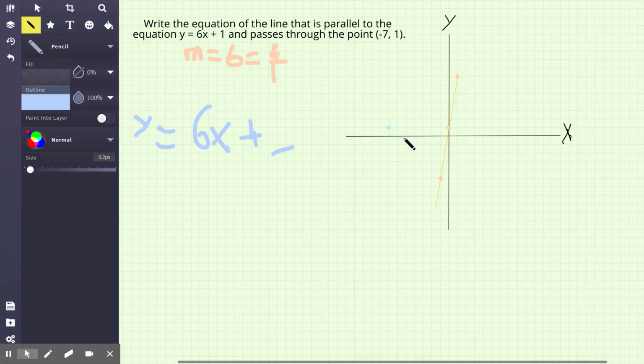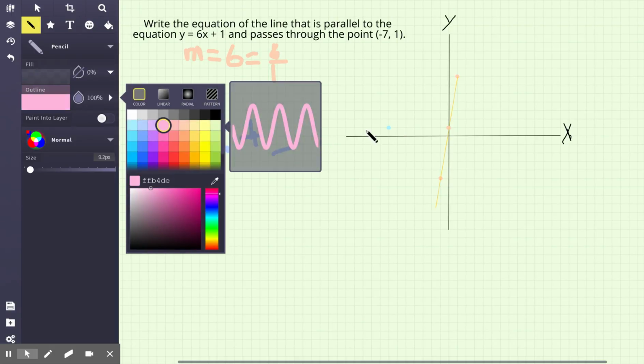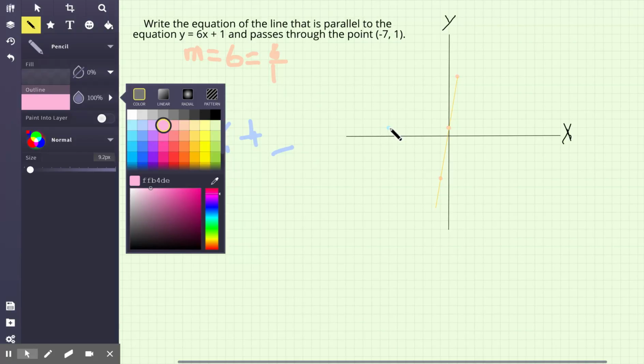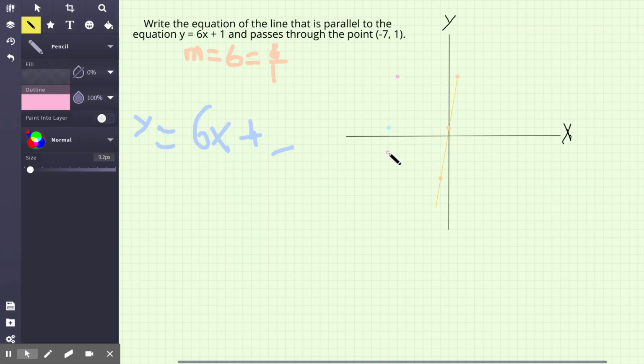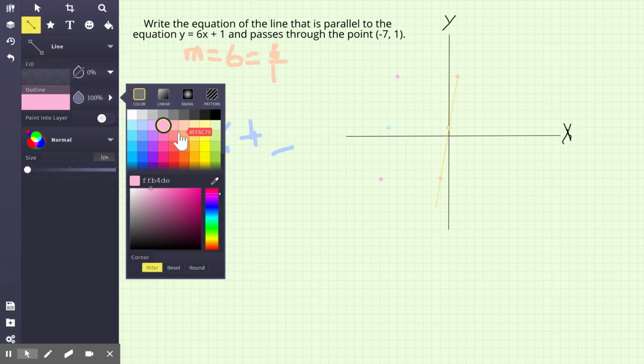That's the part we have to figure out. But I know my slope is 6, so I might as well at least draw what this line is going to look like. If my slope is 6, again, that means I can rise 6 and run 1, go down 6, and then to the left 1. And again, I can just draw my line through it.